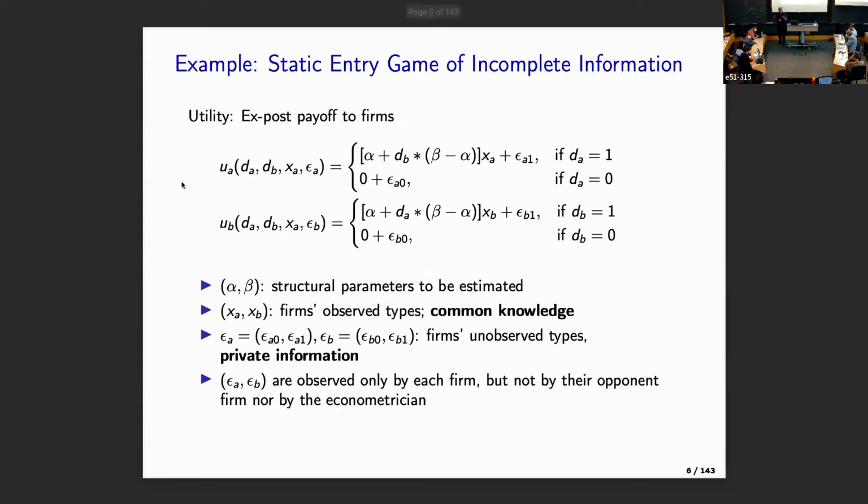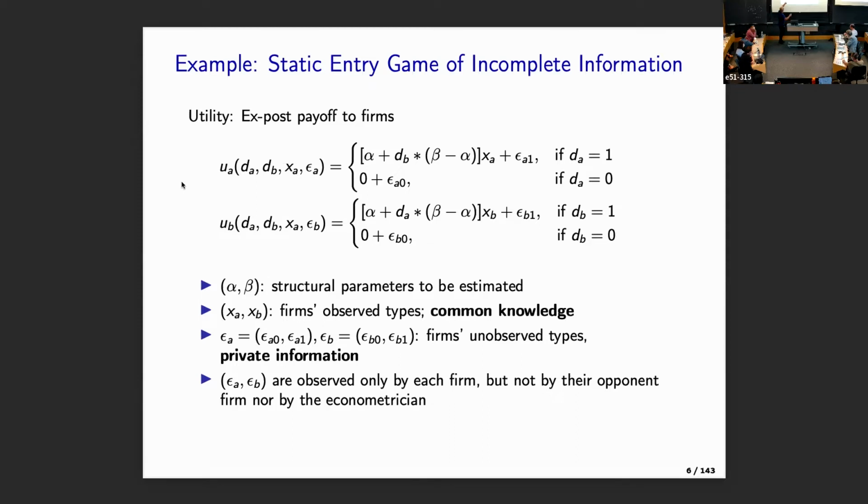Now they have some payoff functions, and it's a game, so the payoff of firm A depends on the decision of whether firm B is actually active in the market. And then these coefficients, alpha and beta, determine what the monopoly and duopoly profits are going to be. What we're interested in estimating are these parameters, alpha and beta.